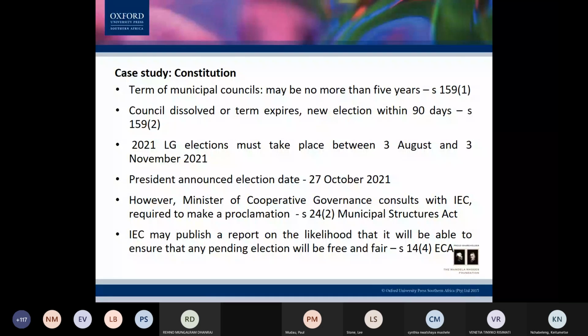Then Section 14, Subsection 4 of the Electoral Commissions Act states that the IEC may publish a report on the likelihood that it will be able to ensure that any pending election will be free and fair. Then the question is, with COVID-19 still in our midst, will continuing with the 27 October local government elections constitute free and fair elections?